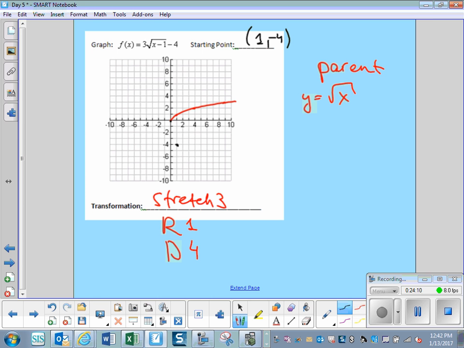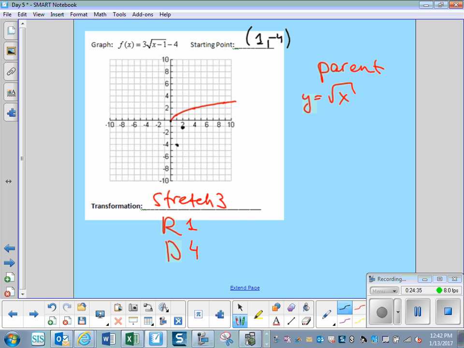Something is wrong. Wrong way. Oh no, right. And then the next one was 4, 2, so it goes to 4, 6 with the stretch, and then right 1, and then down 4.